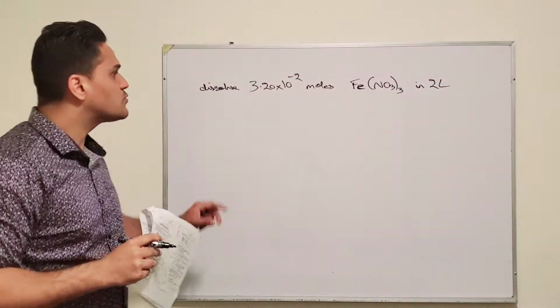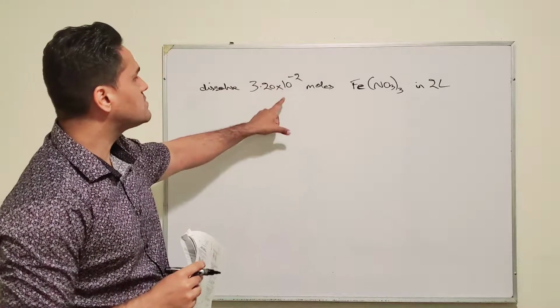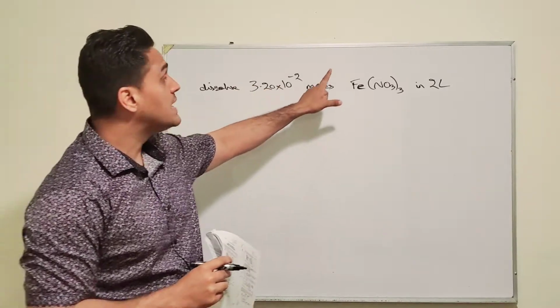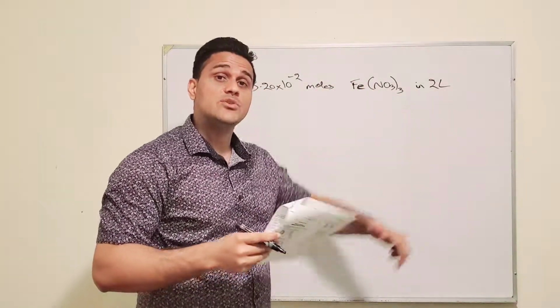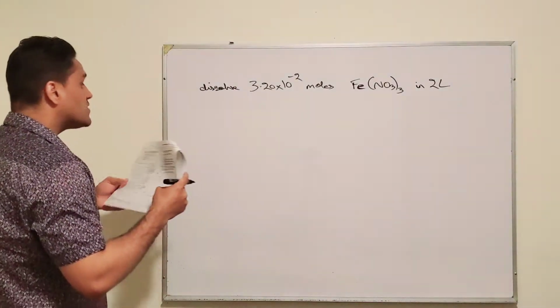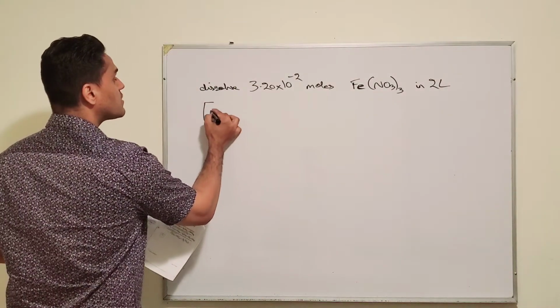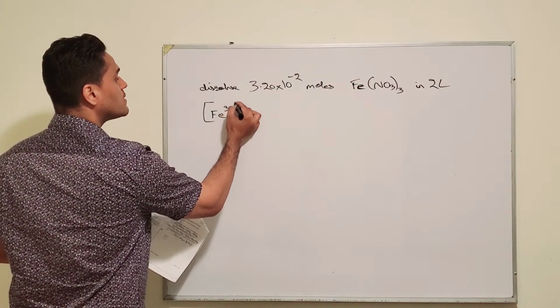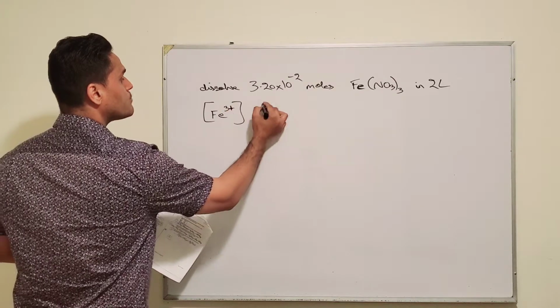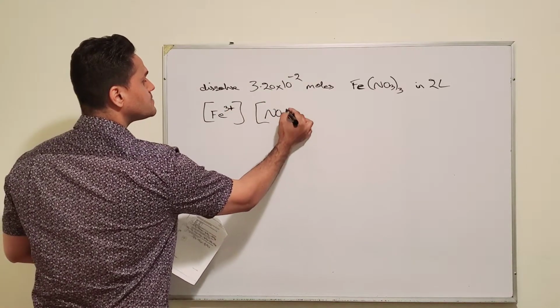So the question says we can dissolve 3.2 times 10 to the power minus 2 moles of FeNO3 in 2 liters. And the question is asking us to find the concentration of Fe3 plus and NO3 minus.